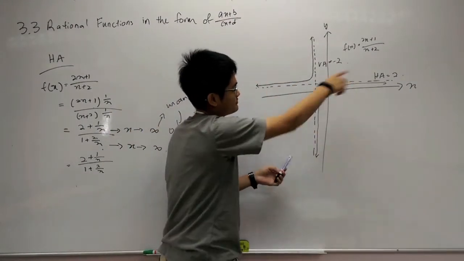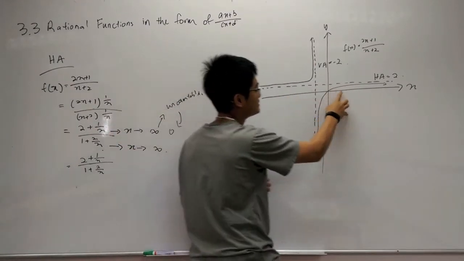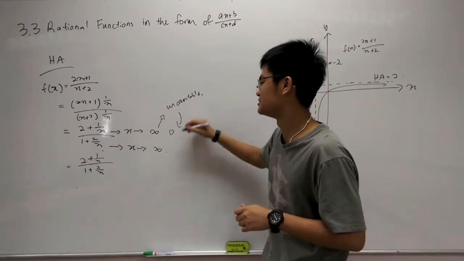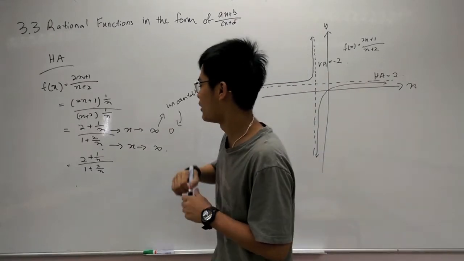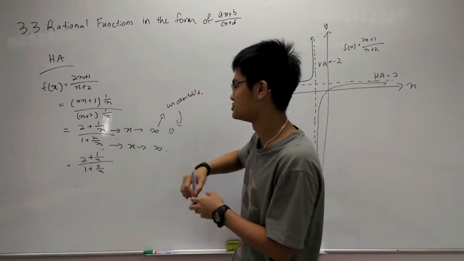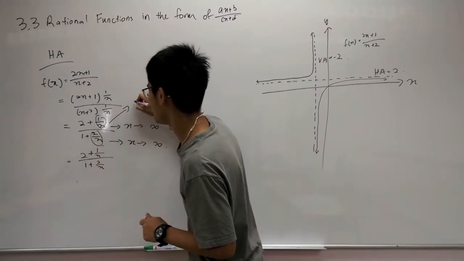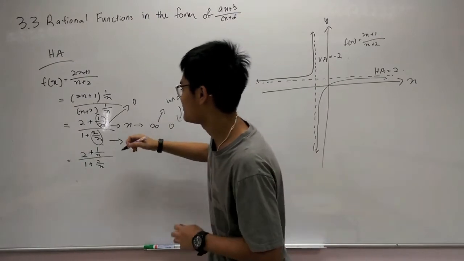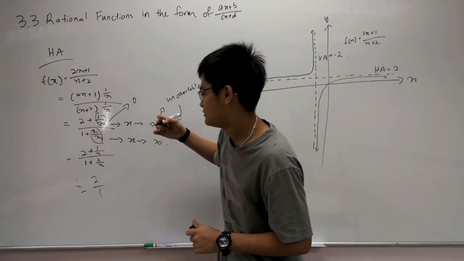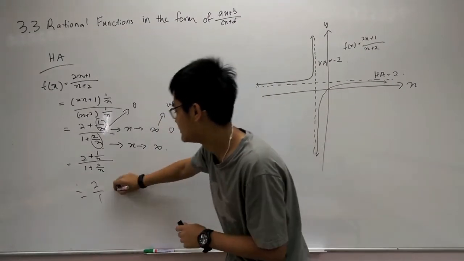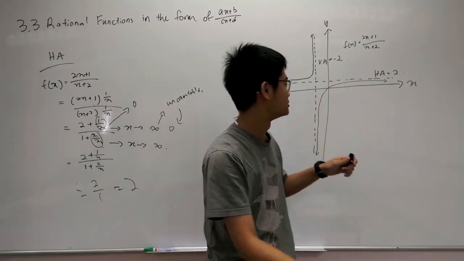Now, 1 over x is heading towards 0 as x heads towards infinity, as infinity is uncountable. So these two terms will have 0, and what you will have left is only 2 over 1, and therefore the horizontal asymptote will be equivalent to 2.